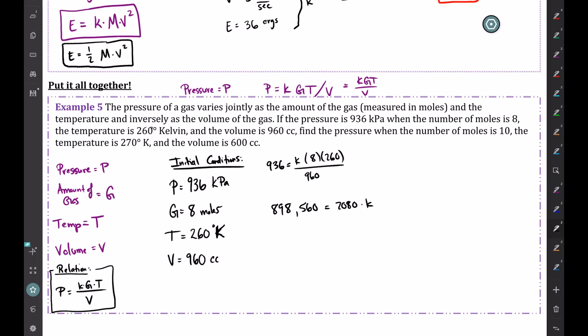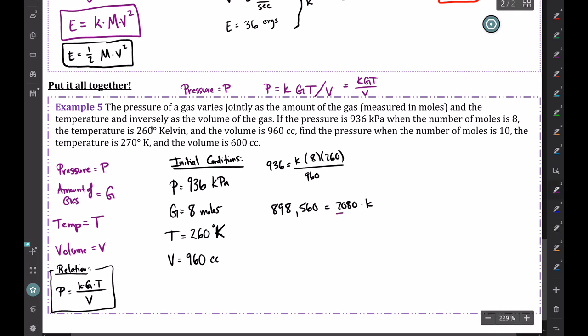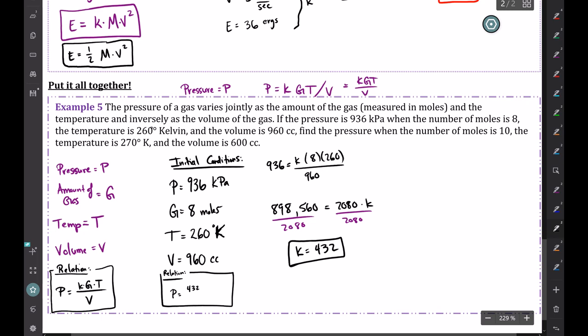So if I divide both sides by 2080, I'll get K. So I should get that K is 432. Okay, so now we can rewrite our relation with the updated K. So that's P equals 432 times GT over V.